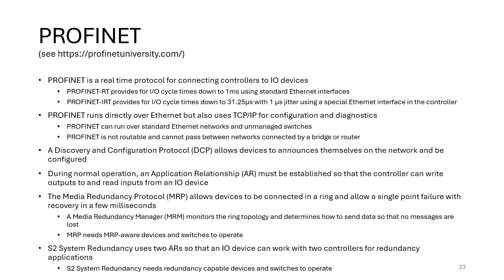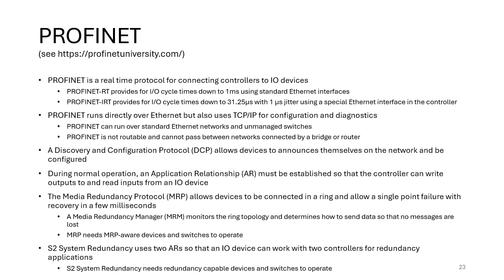We talked about MRP when we were looking at the network topologies. Media redundancy protocol allows a ring to be created and supports any single point of failure with recovery within a few milliseconds. We have a media redundancy manager which monitors the ring topology, and it determines how to send the data so that no messages are lost, but also so that no messages are duplicated.